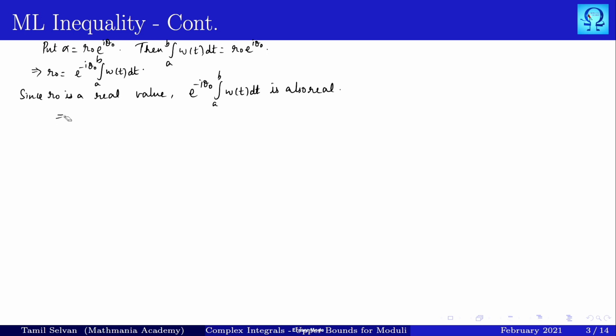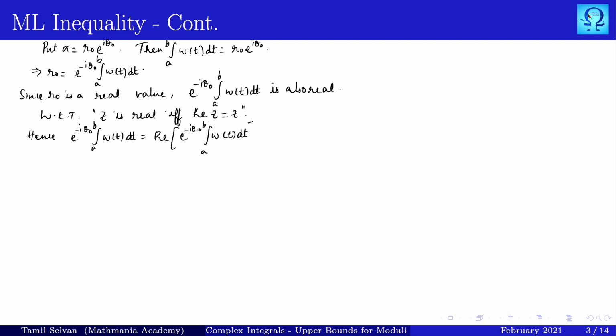We know that a complex value z is real if and only if the real part of z is the same as z. Hence, e to the power minus i theta naught times the integral of w of t dt is the same as the real part of this quantity.